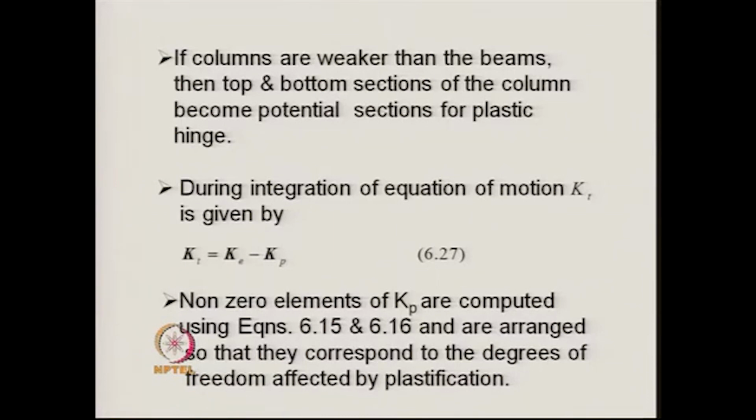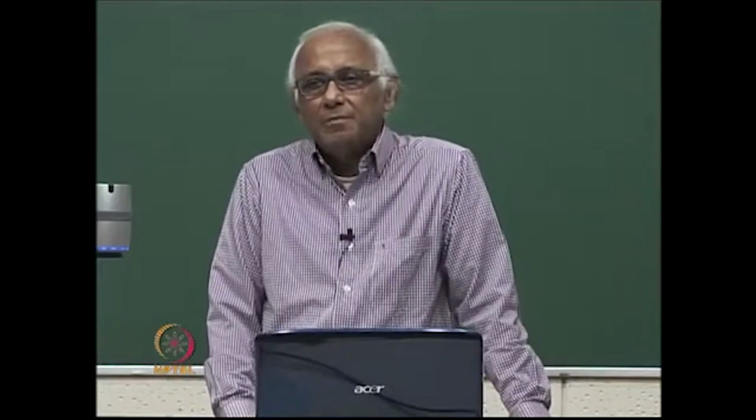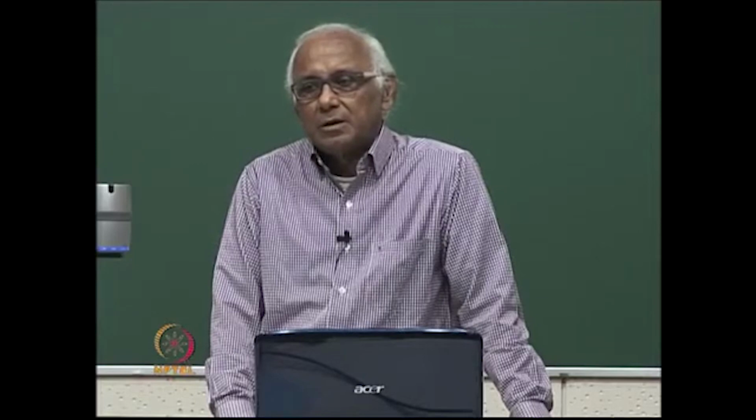Now, by considering the yielding of the columns and the resulting modified transient stiffness matrix Kt for the element, we assemble the total stiffness matrix of the 3-dimensional frame, and with the help of that modified stiffness matrix, we find the incremental displacement of the system for the increment of loading over time delta t.